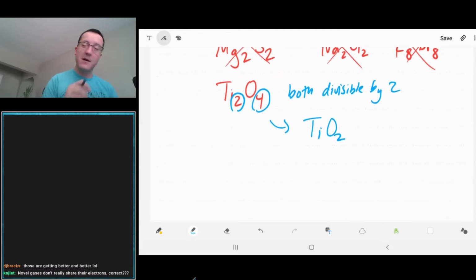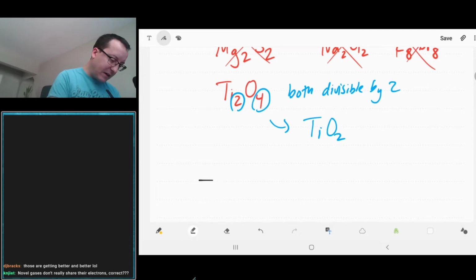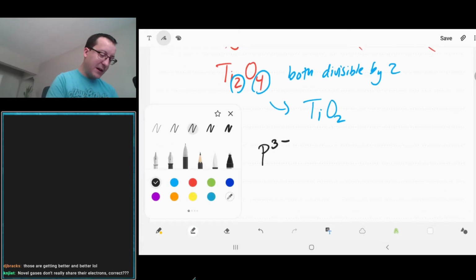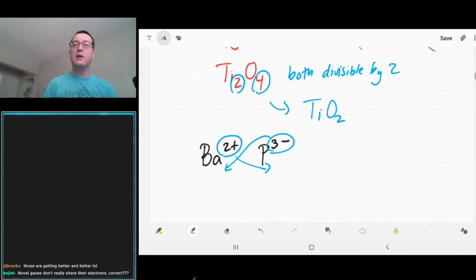And so with that in mind, I do have a little shortcut for you. If we look at, for example, this set, one way to very easily do our charge balancing is to just swap. You'll take the charge of the opposite one and make it into the subscript.